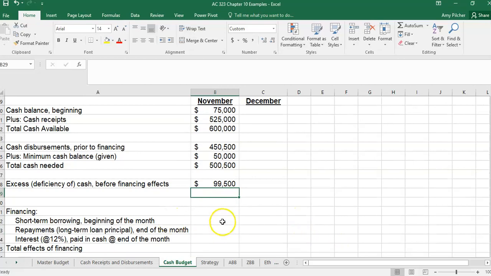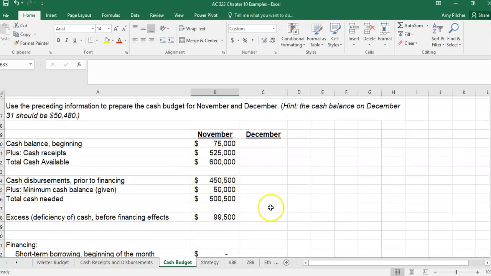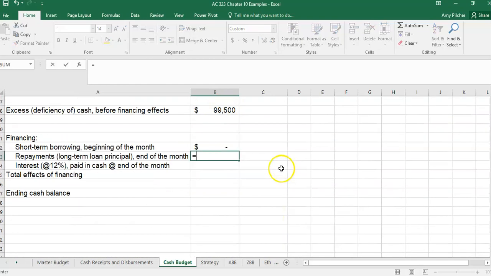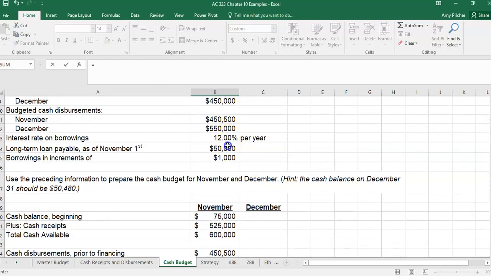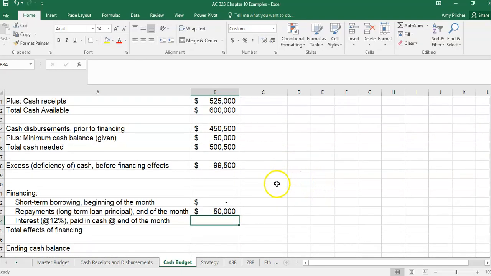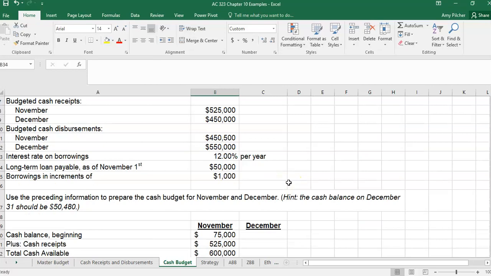$99,500. For financing, we don't need to do any borrowing during the month, and we have a repayment of a long-term note, it tells us, of $50,000. We also have interest of $500 for that note.